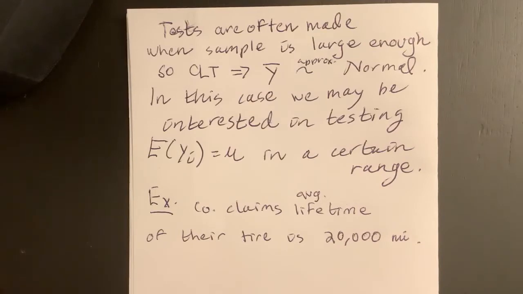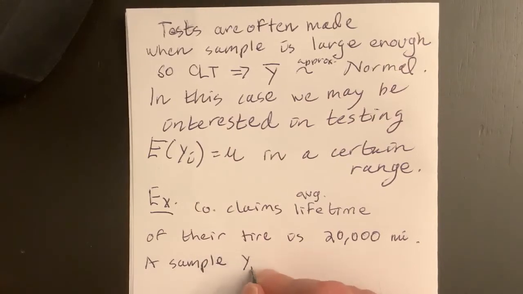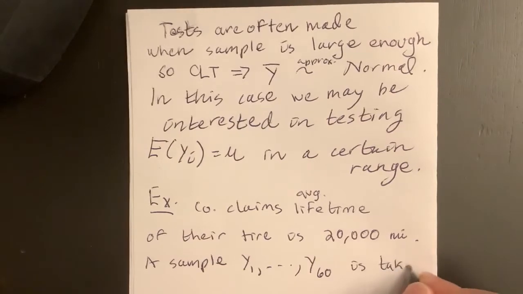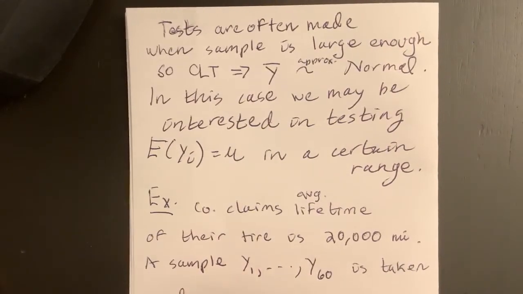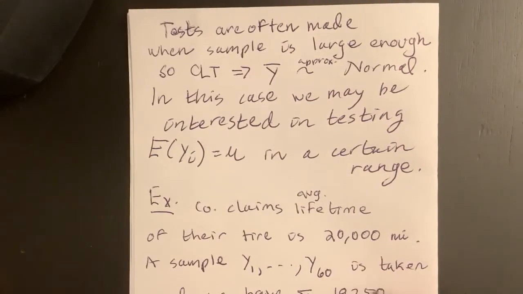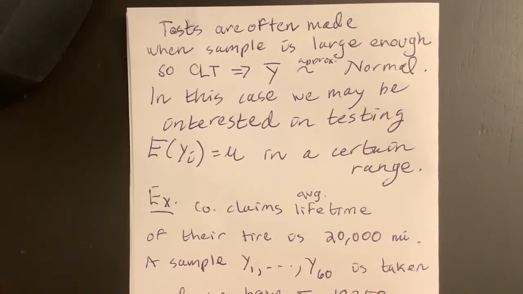Okay, a sample of size 60 is taken, and we have the sample mean and sample variance. y bar was equal to, say, 19,250, not bad, a little lower than their claim, and the sample variance S squared is 1,000,000, so 10 to the 6, say.